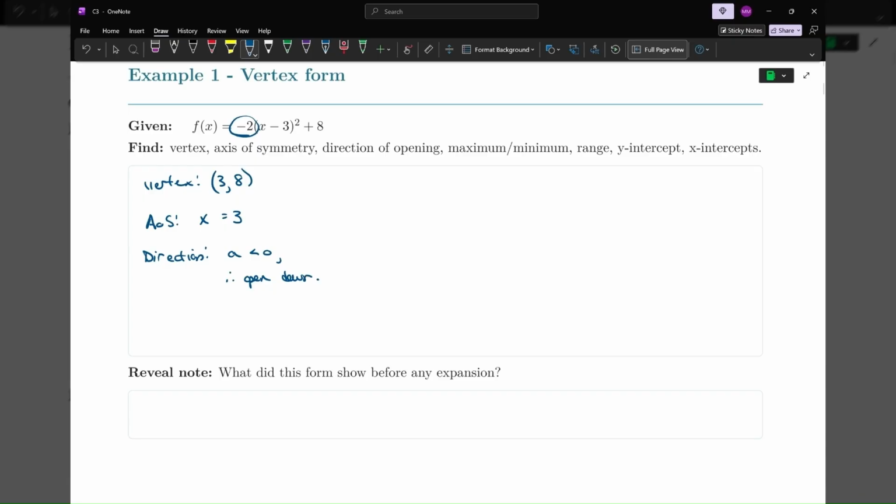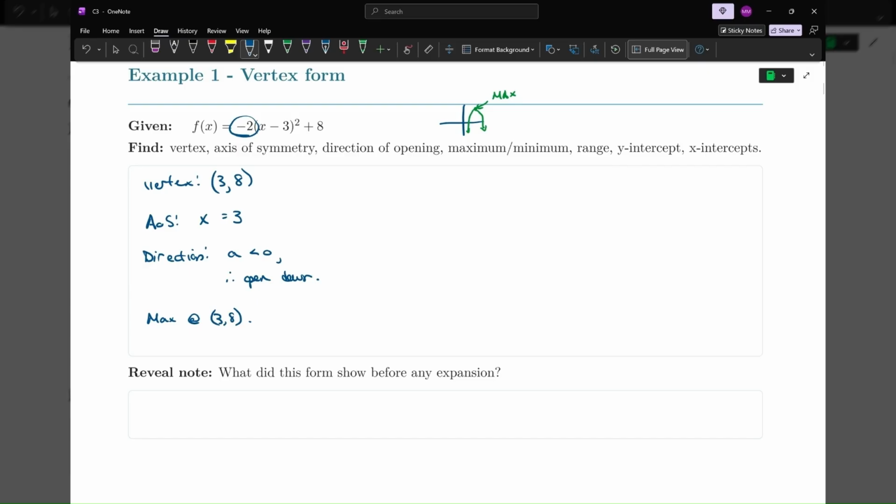That then tells us, if I made a really quick sketch of this, I have a vertex at (3, 8), and I open down, so that must be a maximum. So going to the next question, max or min, we have a max at (3, 8). So we would say the maximum is at that point, or the maximum is y equals 8.